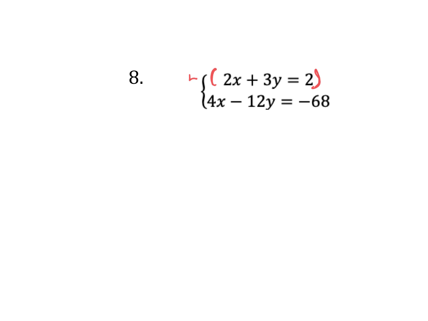So I'm going to stick a 4 on the outside. The first thing I'm going to do is distribute. So 4 times 2x is going to give me an 8x plus, now I want 4 times 3, that's going to give me a 12y equals, now I want 4 times 2, which is going to give me an 8.